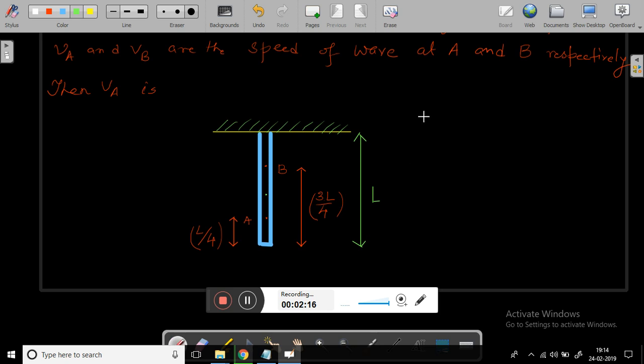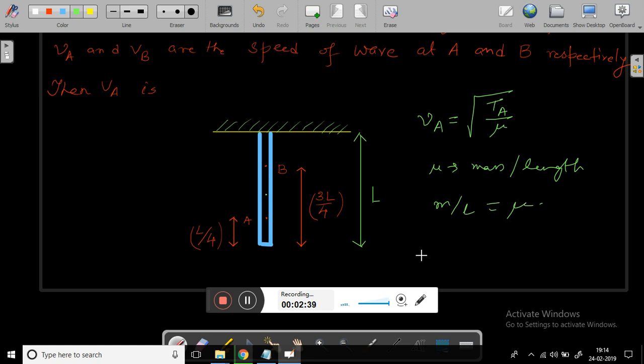Why do we need these? Because vA, the velocity of the wave at a particular point, we can represent by root of TA by mu, where mu is the mass per unit length. As mentioned in the problem, the mass per unit length is m by L, so mu is equal to m by L. Now we have to find TA, the tension at this point.